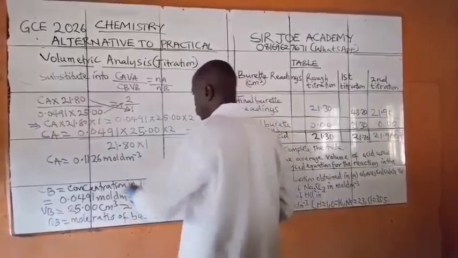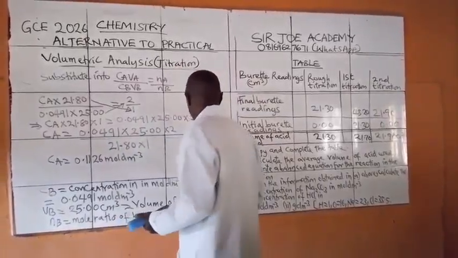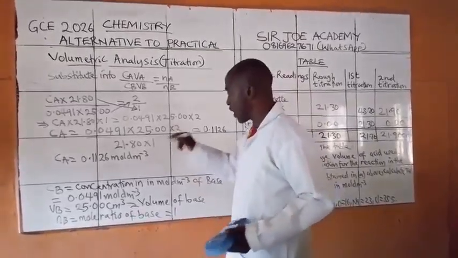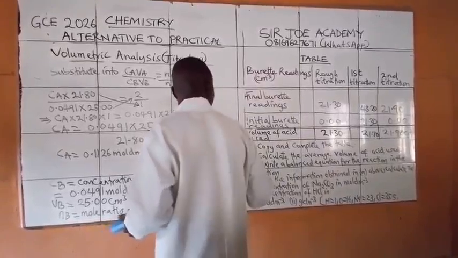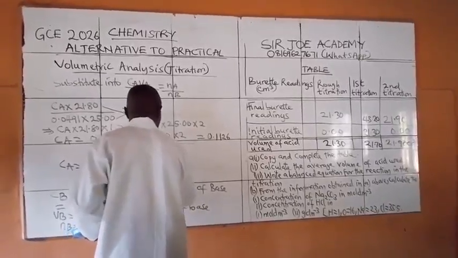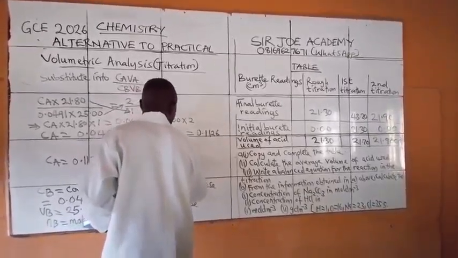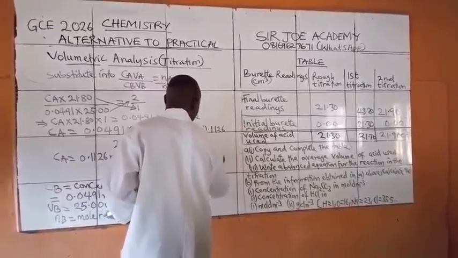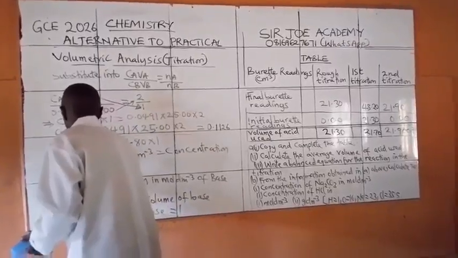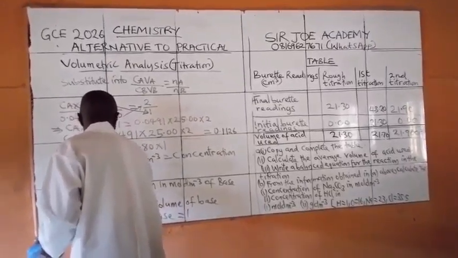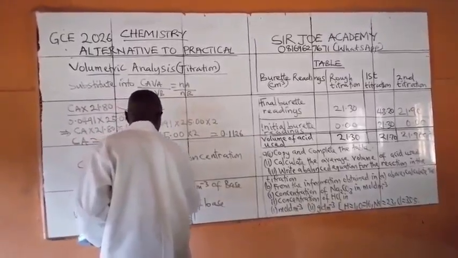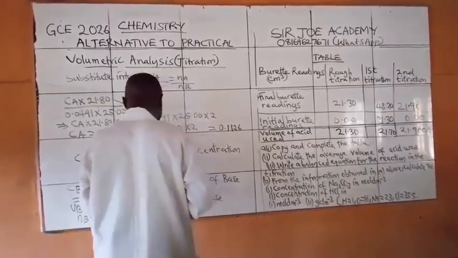So that is the concentration in mole per dm cube of HCl, which is the concentration in mole per dm cube of hydrochloric acid.